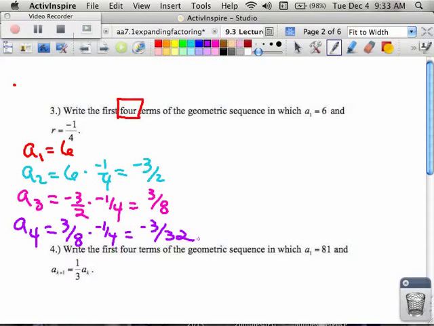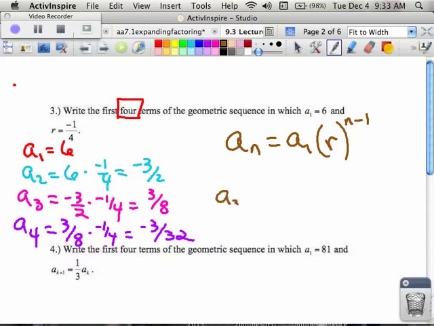There was a formula, I don't know if you noticed it on the previous page. A sub n, which means I'm looking for any particular number, will be a sub 1 times your ratio to the n minus 1. Now, if I were to pick any example out of number 3, for example, let's say I was looking for a sub 3.